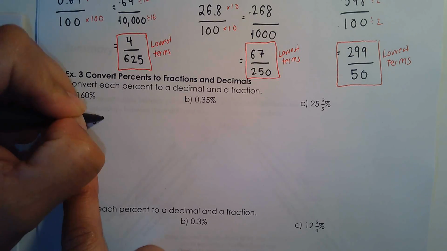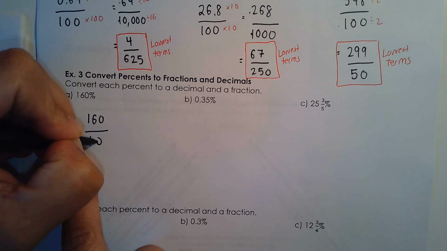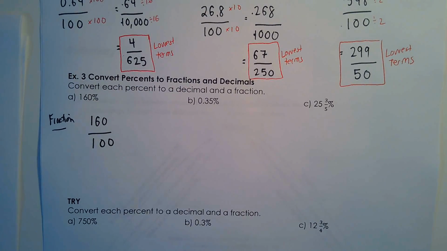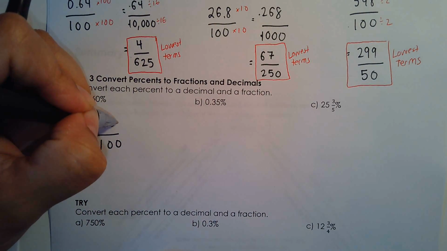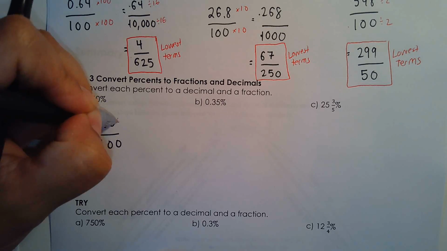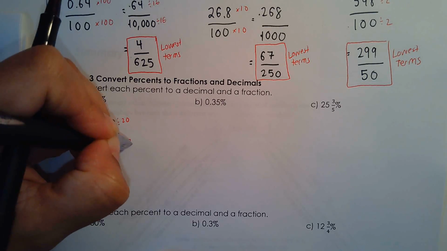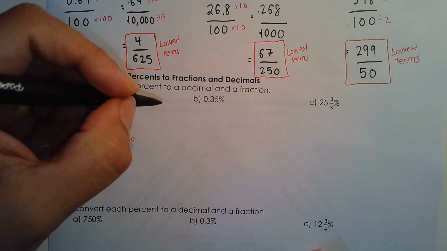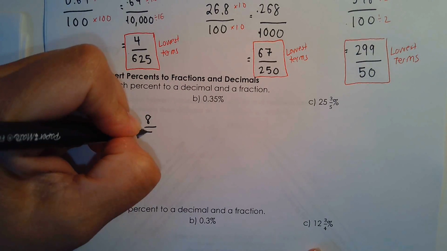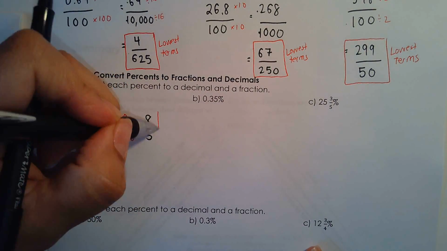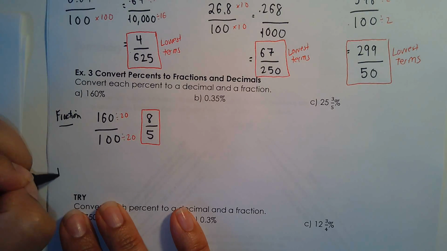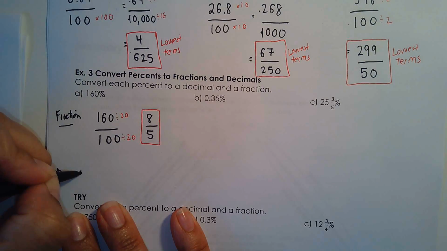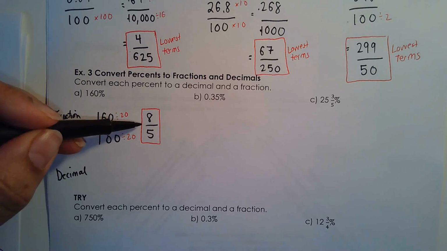So we have 160 over 100, and that's our fraction, but we need to make sure it's in lowest terms. So I can divide them both by 20, and I end up with 8 over 5. Okay, and then I need to turn that into a decimal. And for that, you can just use your calculator.